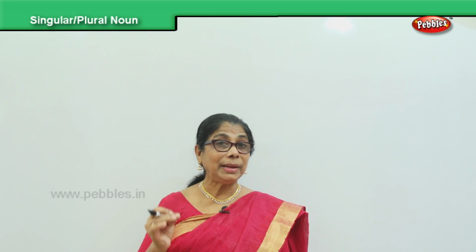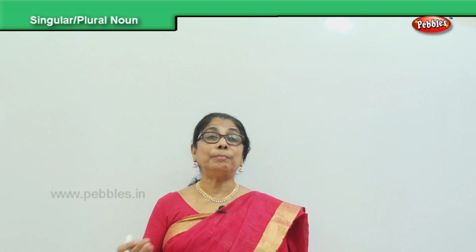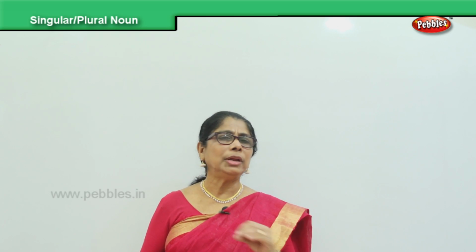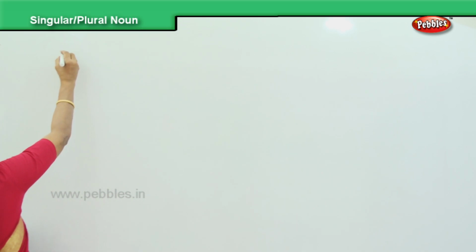So you simply add ES to the singular noun to form the plural noun. So the rule number 6 is, if a noun ends in O and there is a consonant before it, to form the plural, you simply add ES.